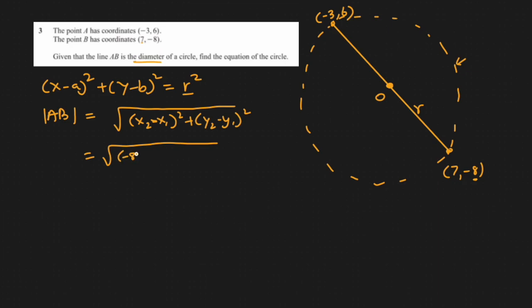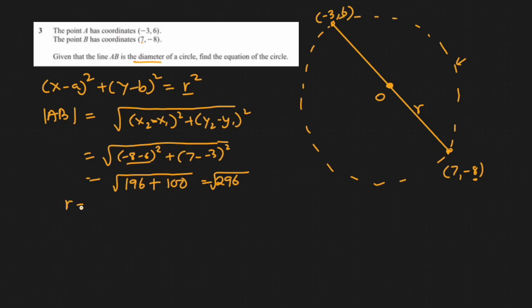So (minus 8 minus 6) square plus (7 minus minus 3) square. So that comes to 14. 8 plus 6, 14. 14 square is 196 plus 10 square, which is 100. So square root 296 is the diameter.